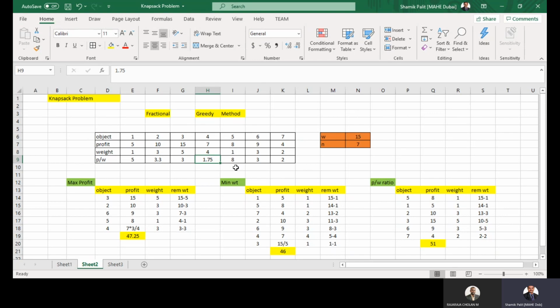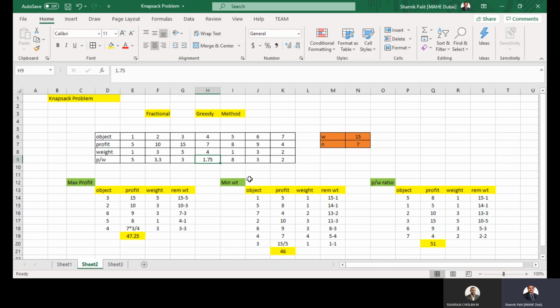First, have a look at the maximum profit approach. The process is quite straightforward. Once you go through one row, you will understand how to solve this problem. Suppose this is the problem statement given and you are told to find the fractional solution of the following knapsack problem. These are the data given to you.